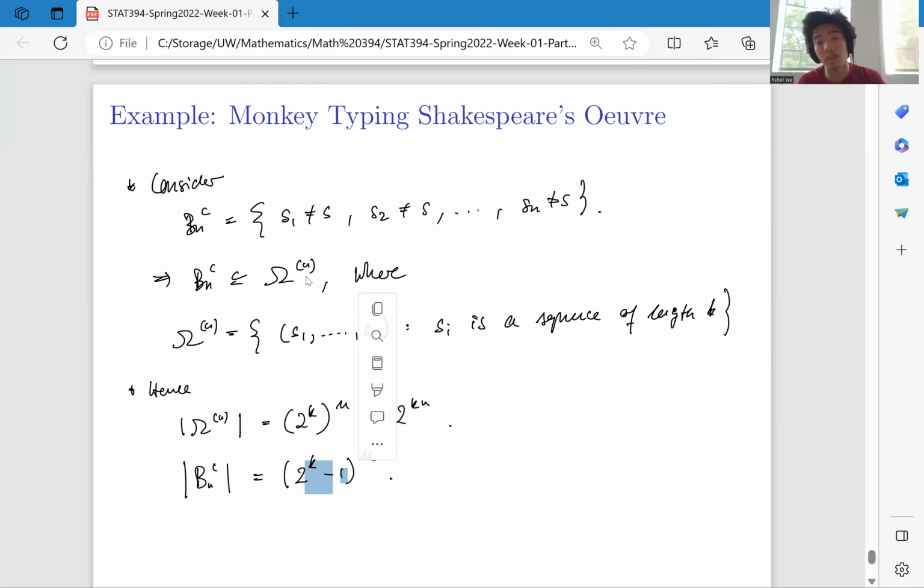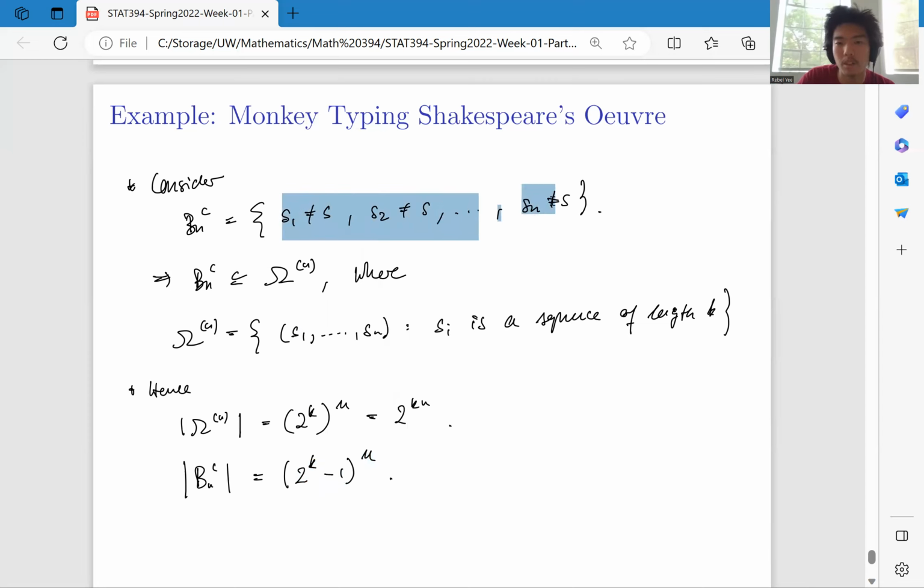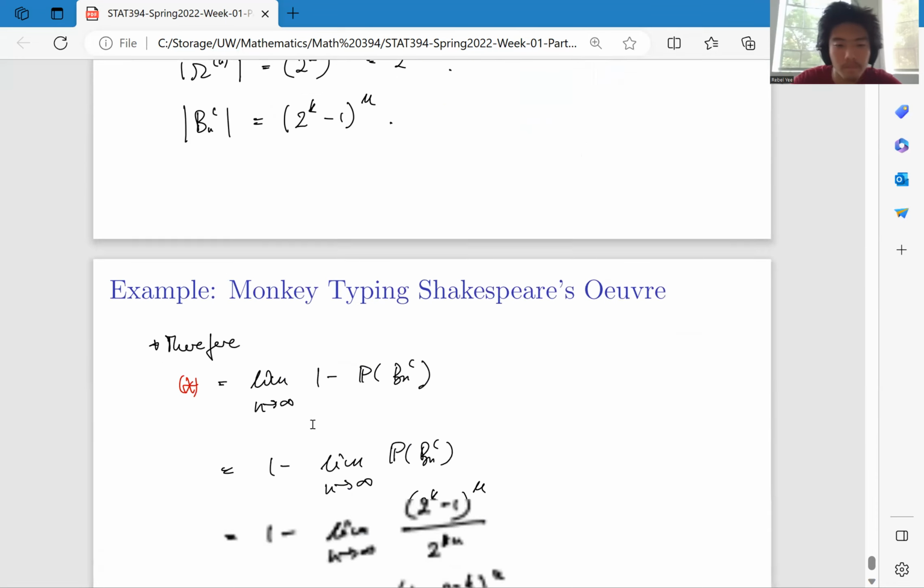So that's the subtlety of this question. If we minus 1, it will be very similar to this term. It just has one cardinality difference. And then we raise it to the power of n to represent the n terms of the elements inside the set B complement.